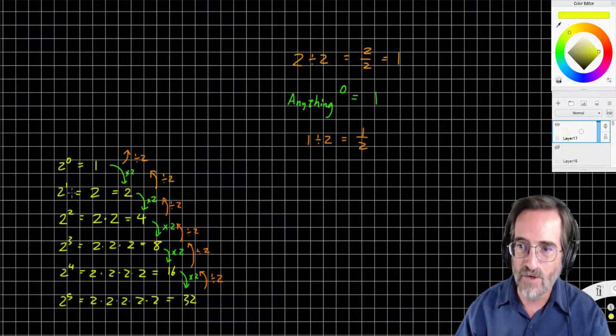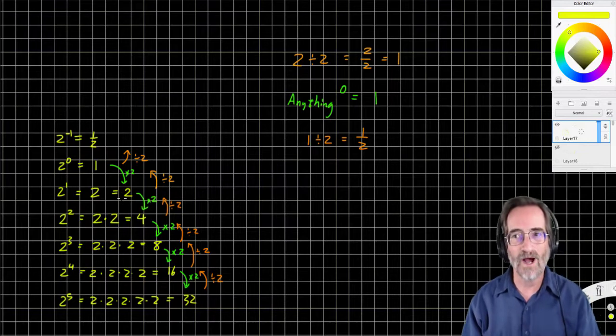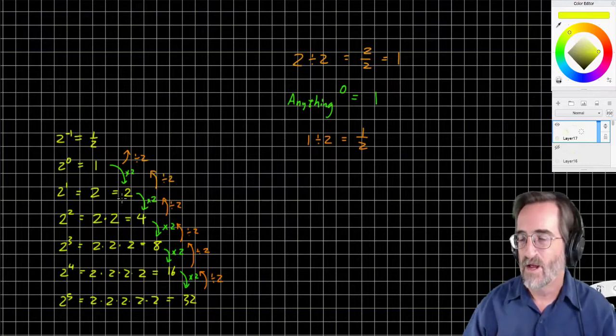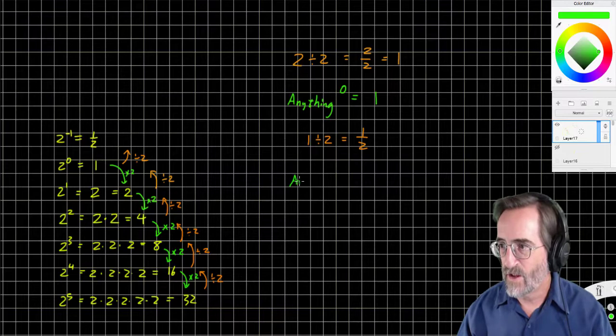So let's continue the pattern here. 5, 4, 3, 2, 1, 0. The next number in that pattern is -1. 2 to the -1 is 1/2. And that goes for anything to the -1. If I say anything to the -1 power, that is 1 over that anything.